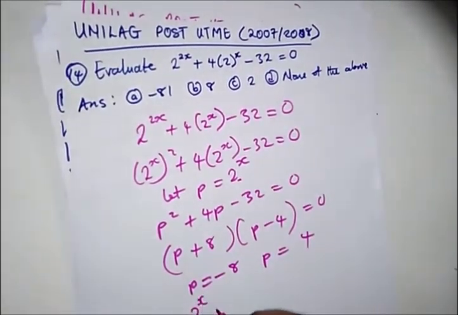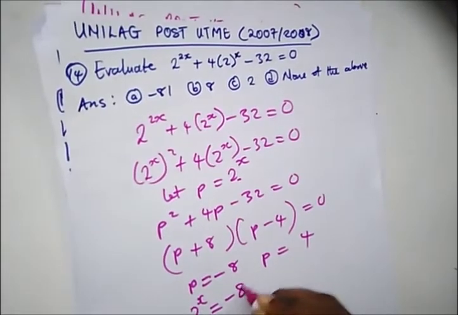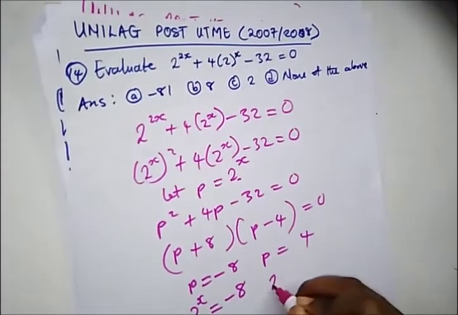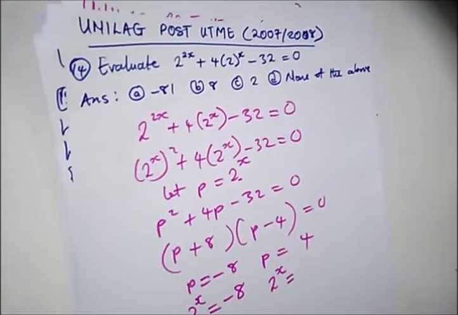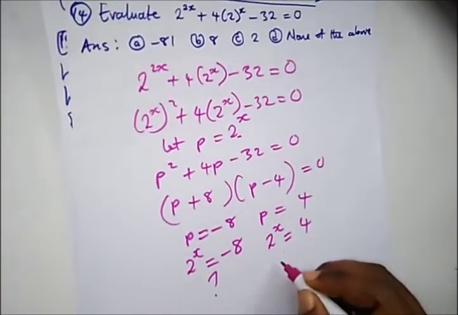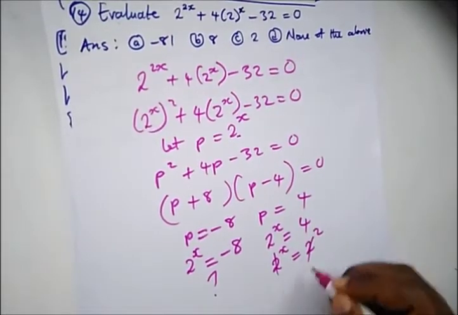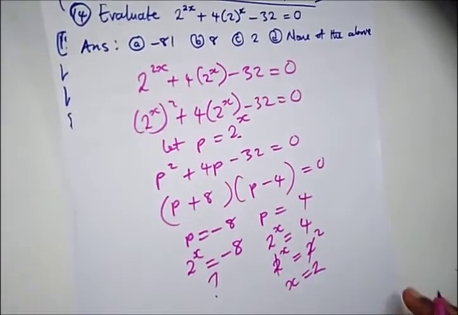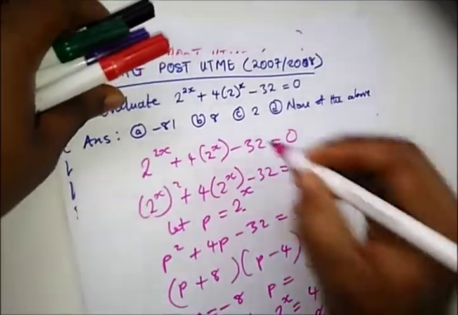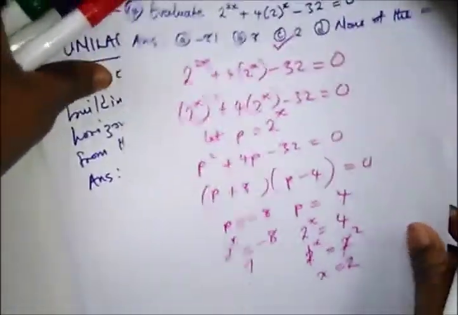So let's put this in value, 2^x equal to minus 8. This can't be solved, but here let's put 2^x equal to 4. This will be 2^x equal to 2 raised to power 2. This will cancel this, and x is equal to 2. So our value is x equal to 2, which is option C. This one can't be solved.